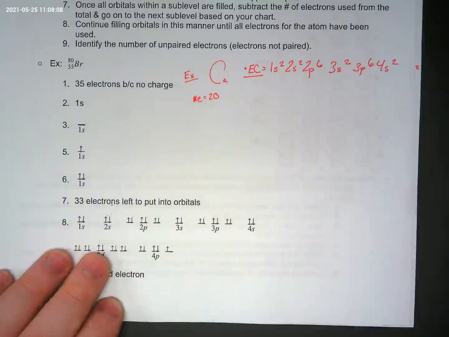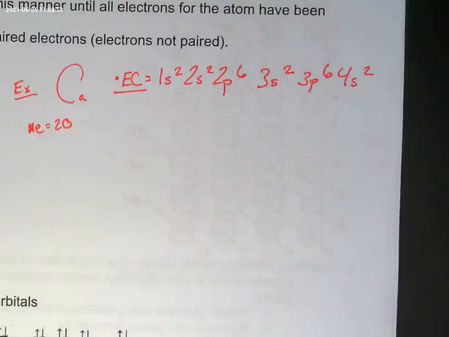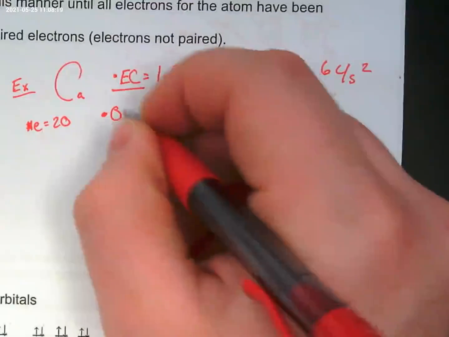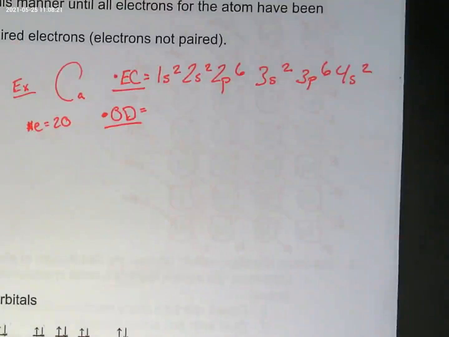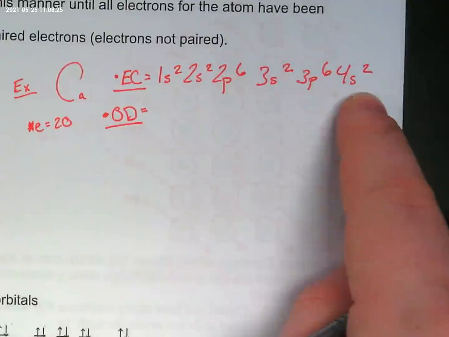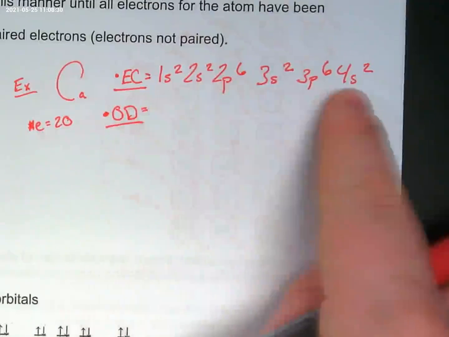So there is the electron configuration for calcium. This is why having the electron configuration is super handy: when we make the orbital diagram, we can just look up at this, see what we have to fill out, and then fill it out correctly.